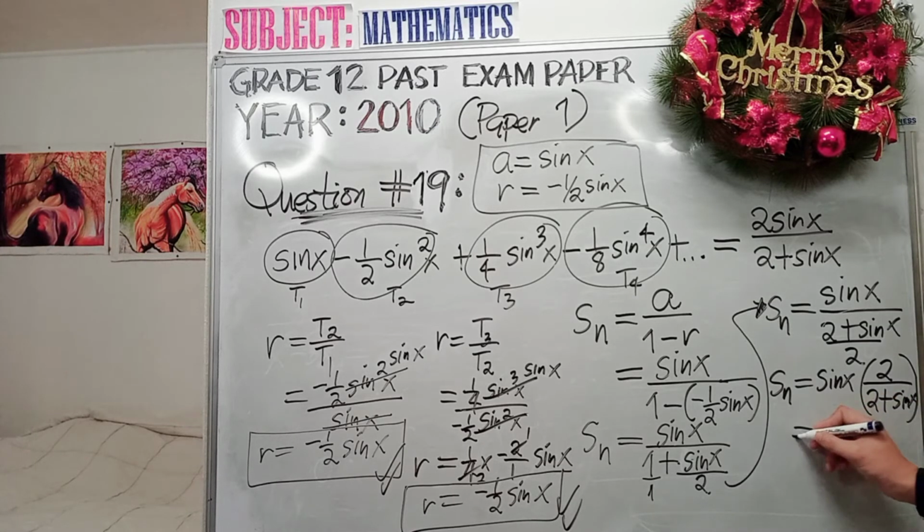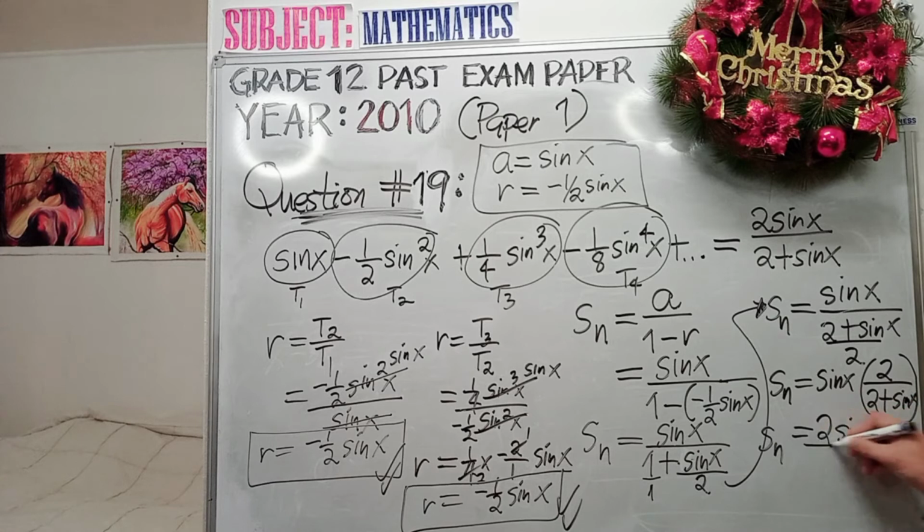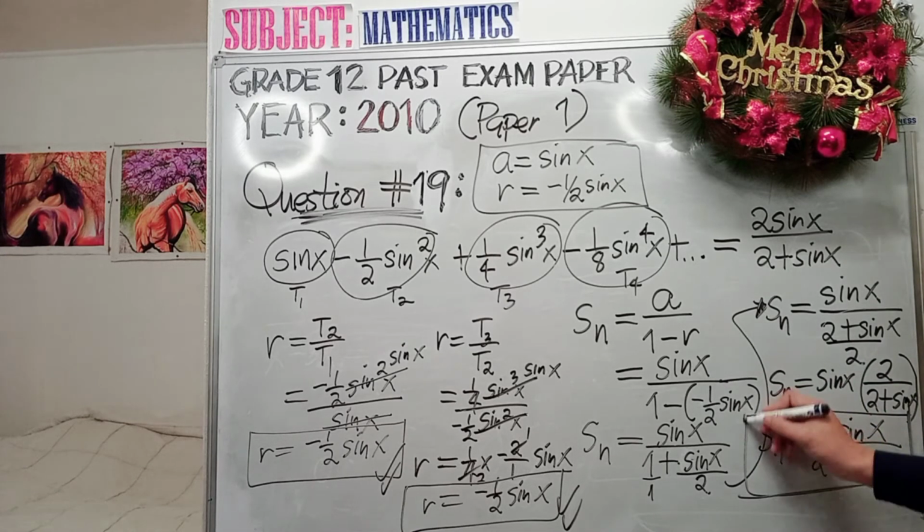Okay? So the sum of the n square is 2 times sine x is 2 sine x, and then 2 plus sine x times 1 is 2 plus sine x.